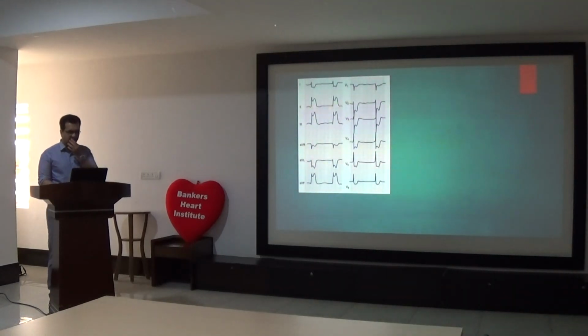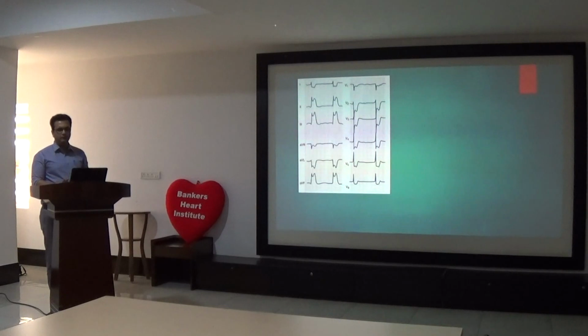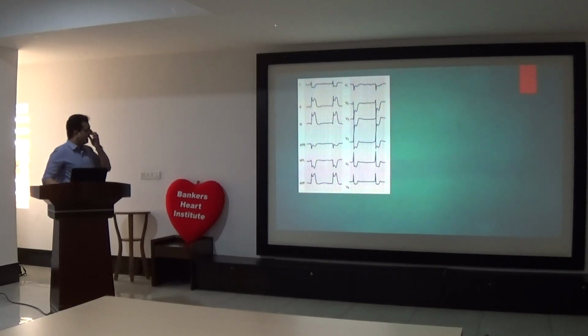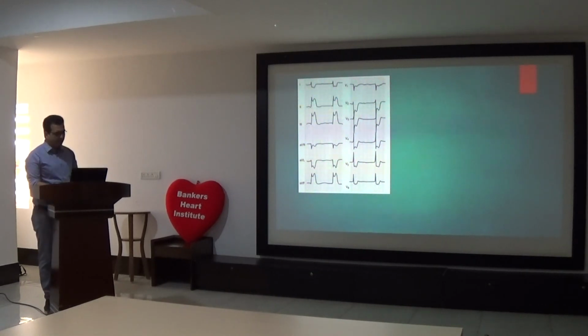So now starting with ECGs related to the right coronary circulation and myocardial infarction. To localize the coronary artery, we have to measure the amount of ST elevation in the inferior leads and the corresponding changes in the chest leads as well.